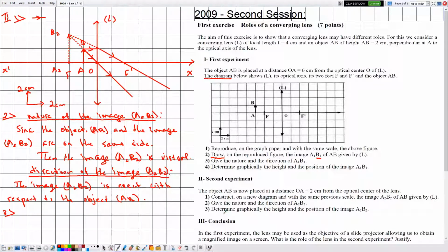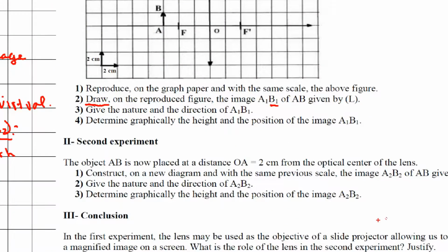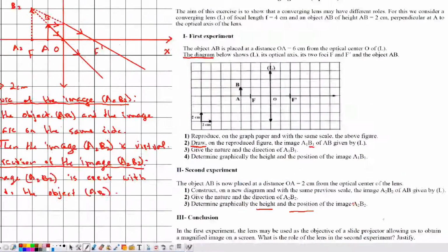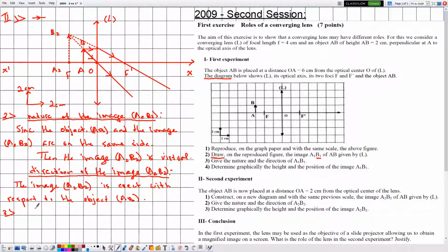Now in number 3 they are telling me determine graphically the height and the position of the image A2B2, and by the height they mean the size of the image, and the position the distance between the lens and the new image A2B2. Then let's start with the height of the image A2B2.